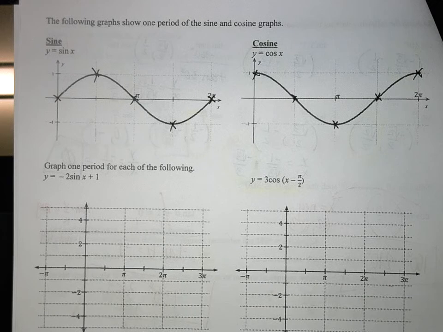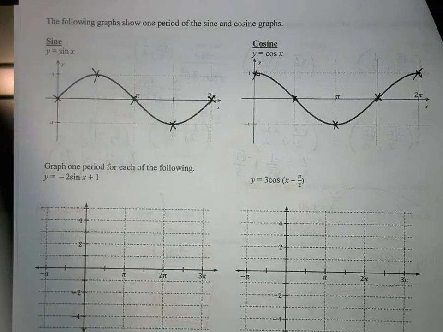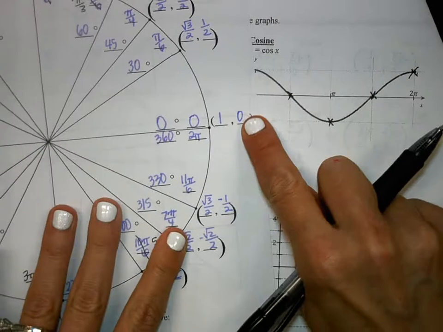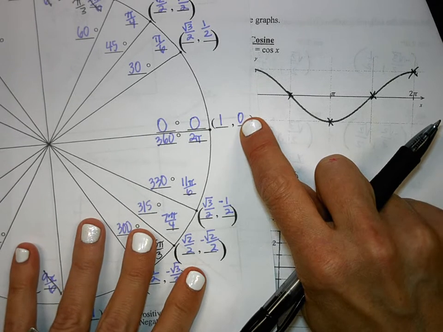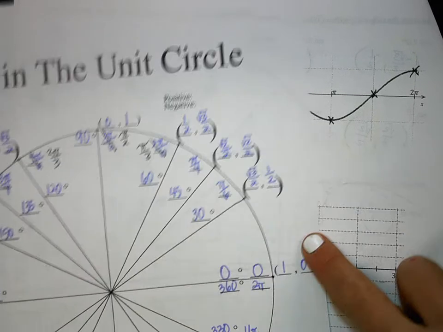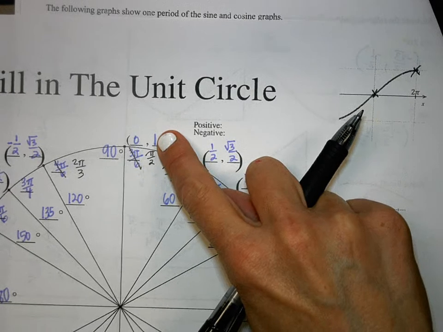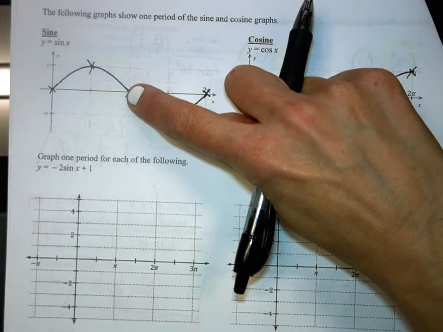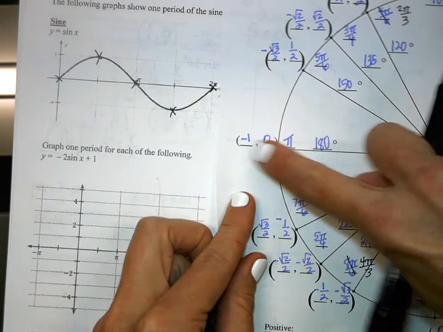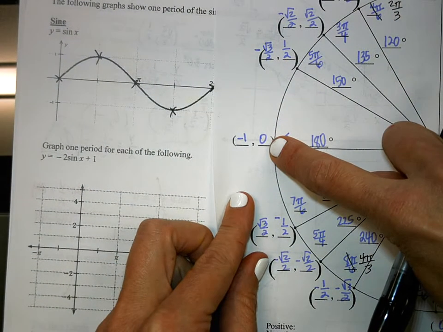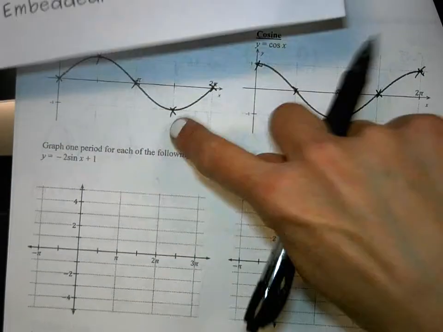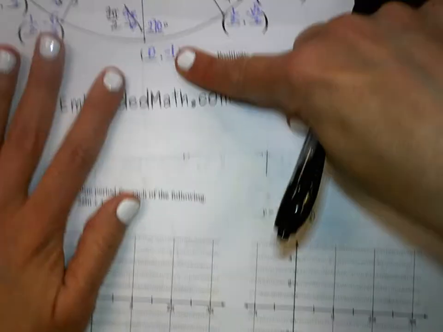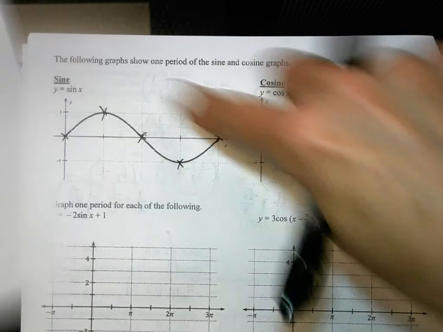And so, starting at 0, this y value is at 0. And then you see at 90, the y value is 1. And so that's where it goes up here to 1. And then when you go to 180, which is pi, the y value is back at 0. And then the y value goes to -1. And then it goes back up to 0 when it gets to 2 pi.